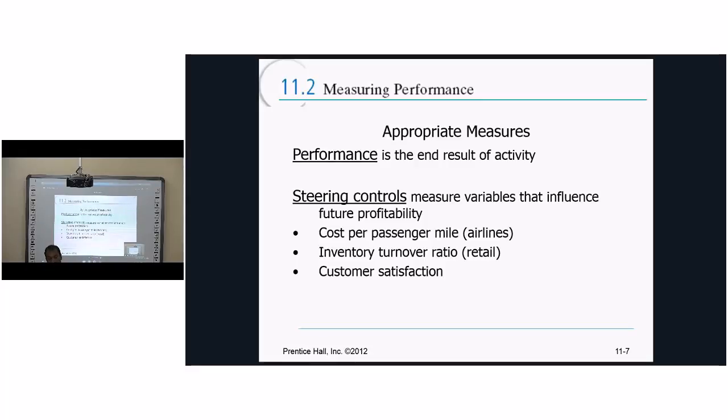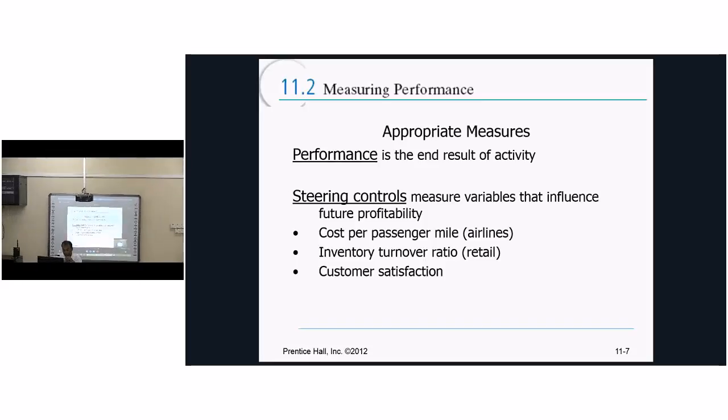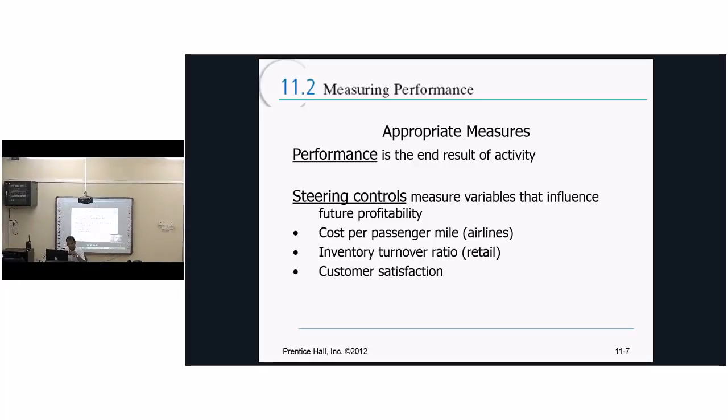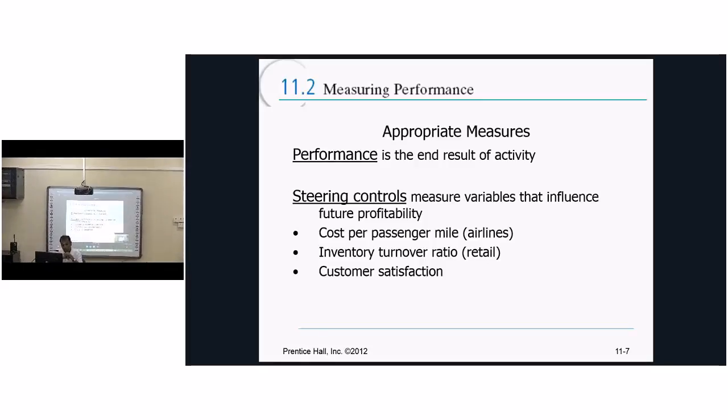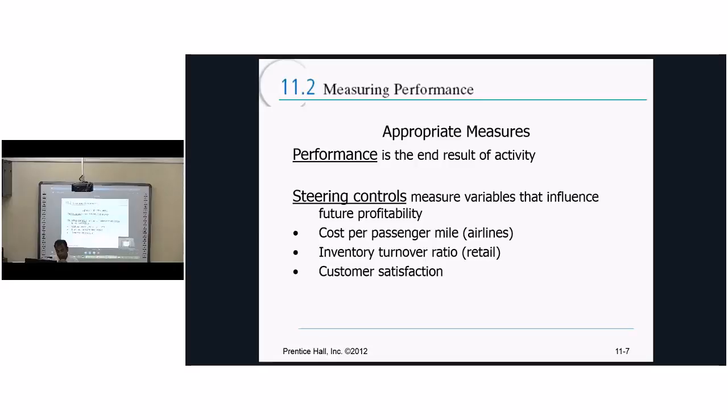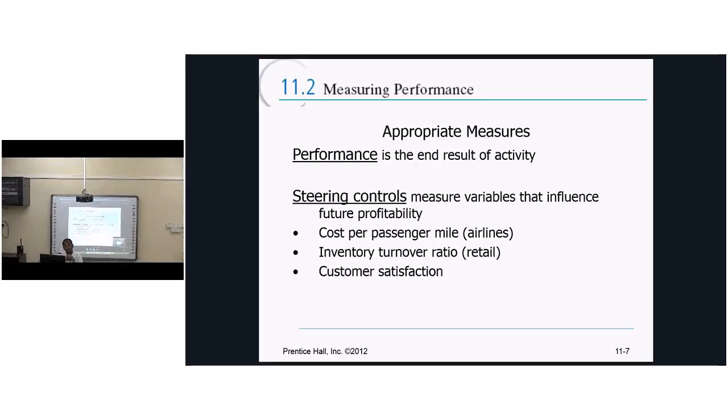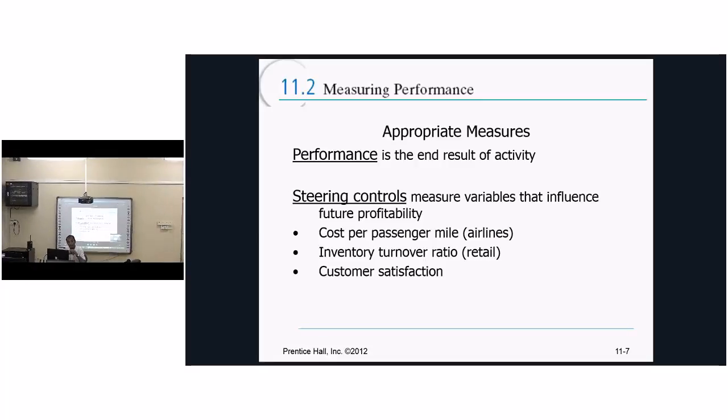In the telecom industry, they measure average revenue per user, ARPU. In the financial services industry, you measure cost to income ratio. In the apparel industry, you measure cost per minute.